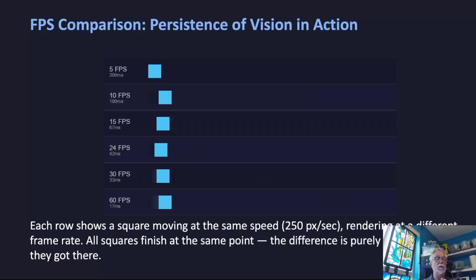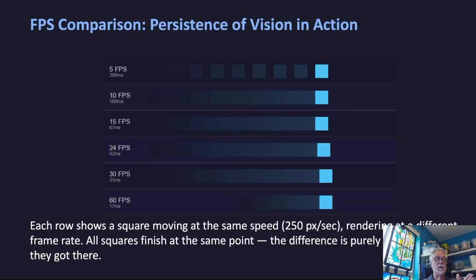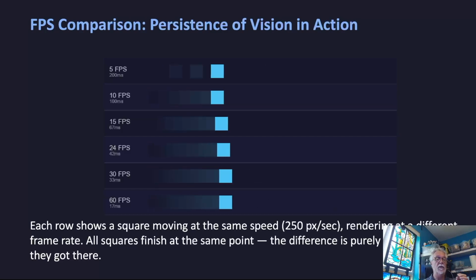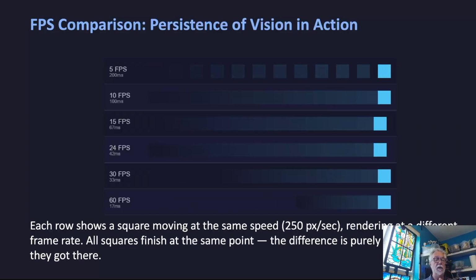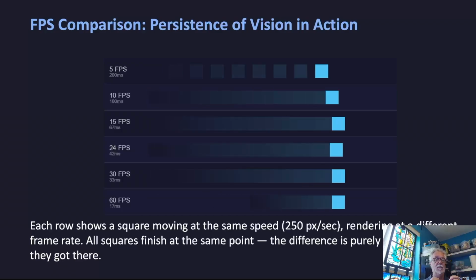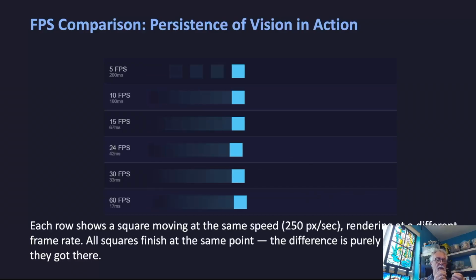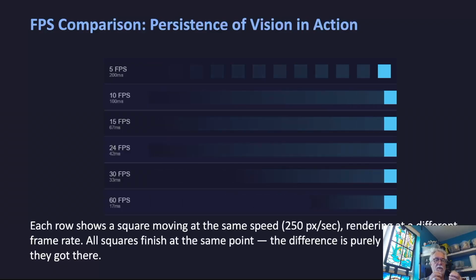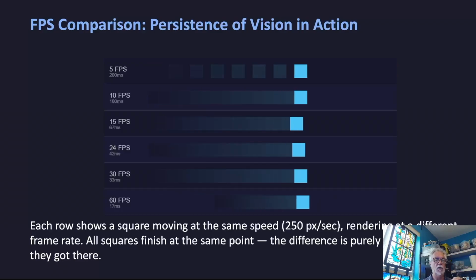Now we move down to 10 frames per second, and now you can feel that it's moving, but there's still enough jaggedness in the movement that your eye sees a combination between something that's moving and snapshots of something that's moving. At 15 frames per second, you're starting to see it a little bit smoother.